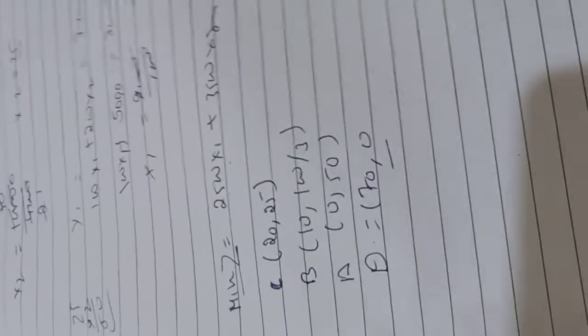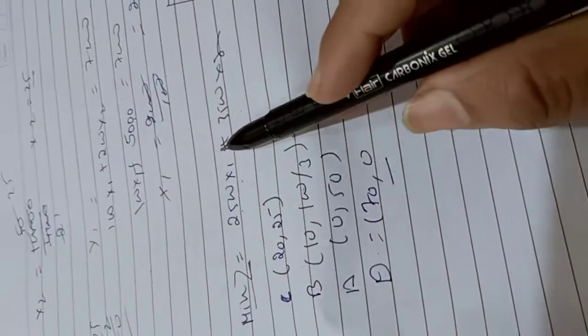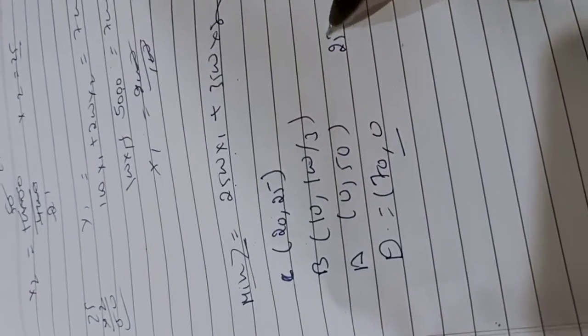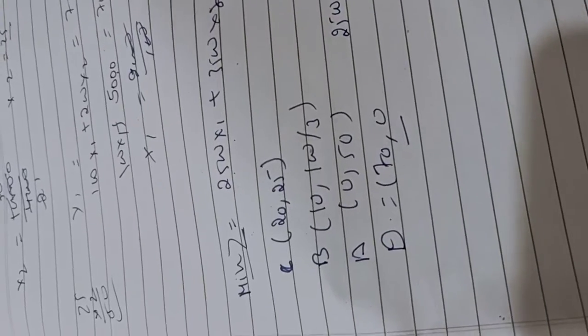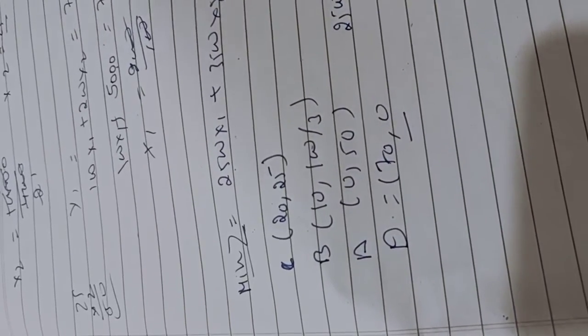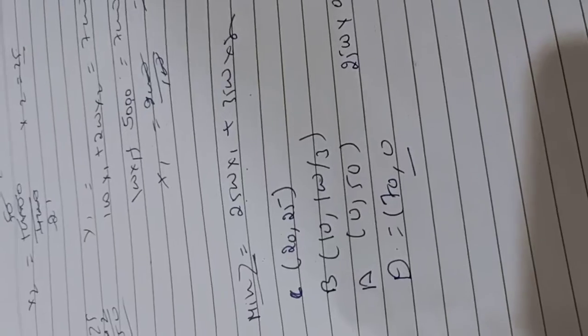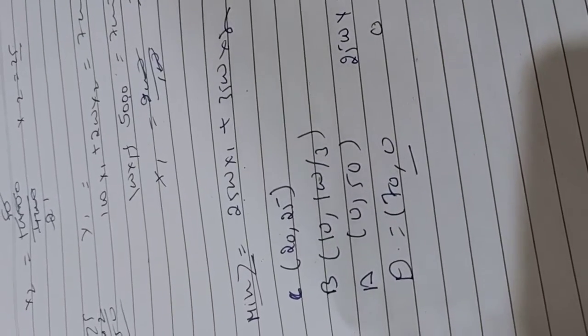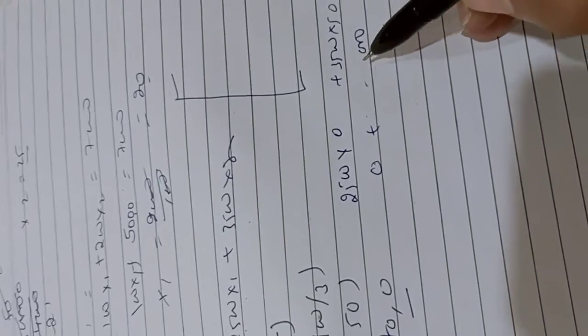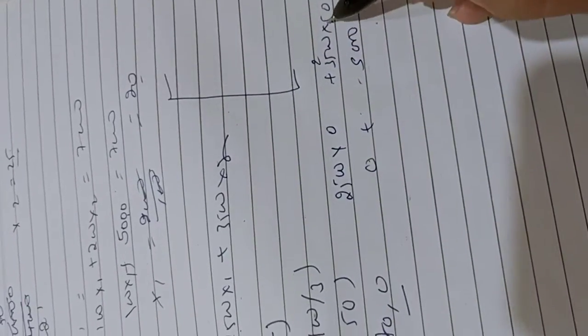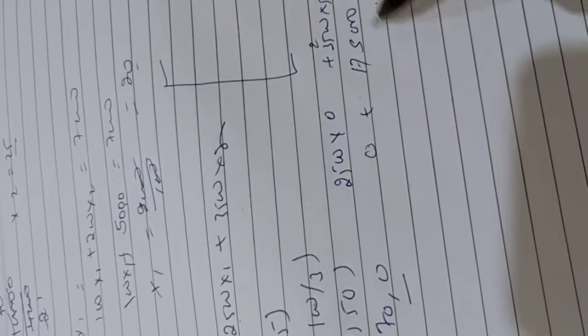Now we have to put the value of each and every element in this equation. Let's suppose 2500 into 0 plus 3500 into 50, that is 0 plus 1,75,000.